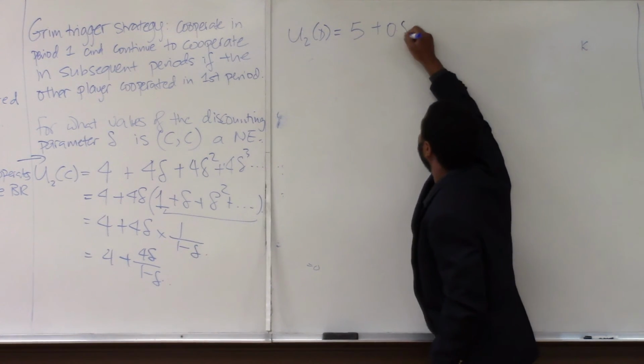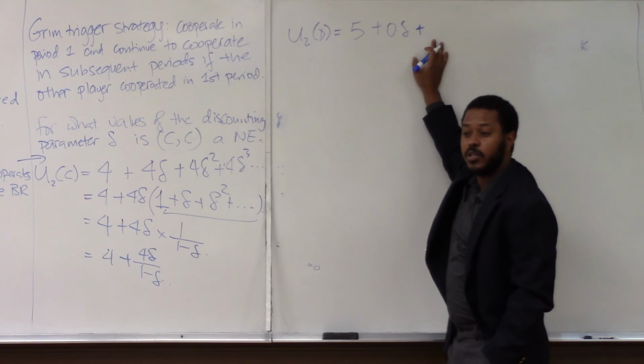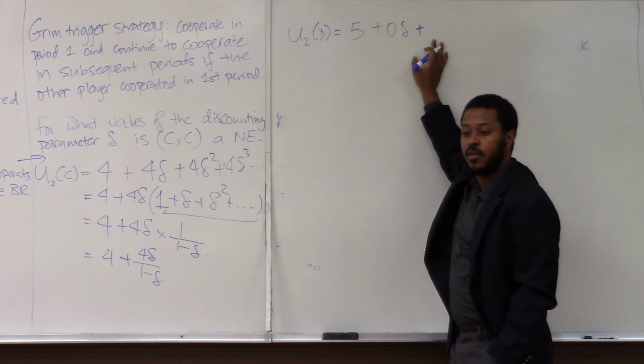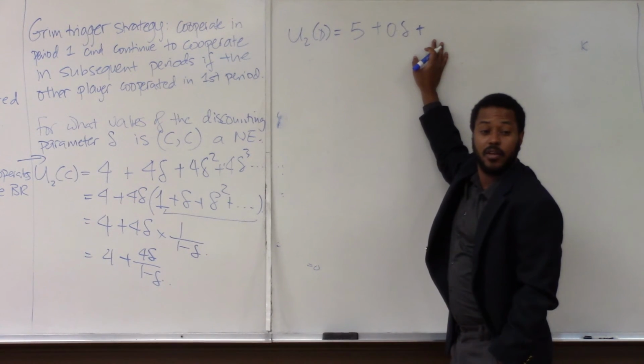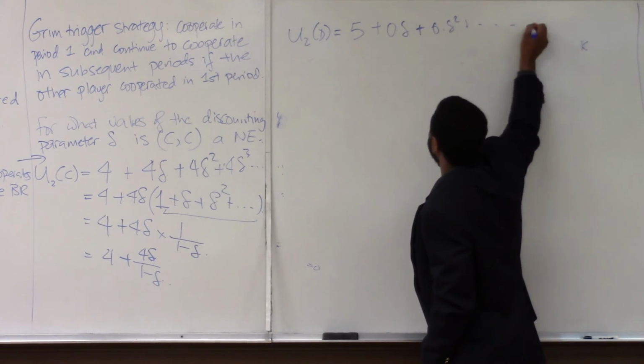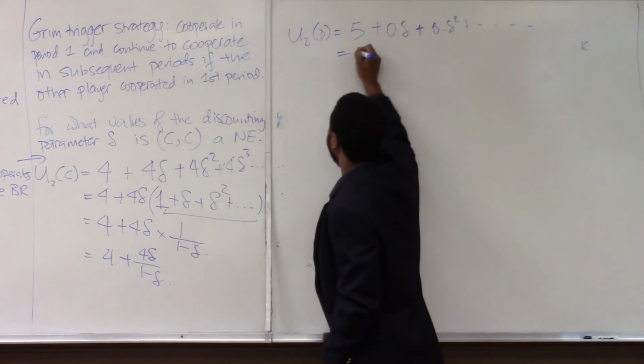Delta. In the subsequent period, player 1 is going to play defect because player 2 did not cooperate. So you get 0 times delta squared plus so on and so forth. So the utility of defecting is just going to be 5.